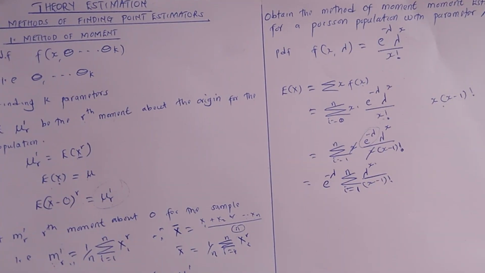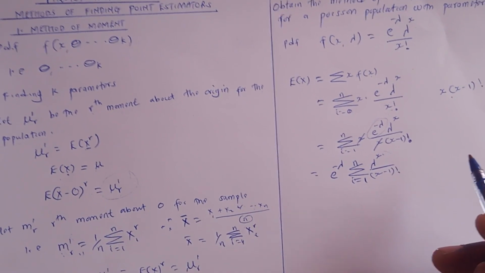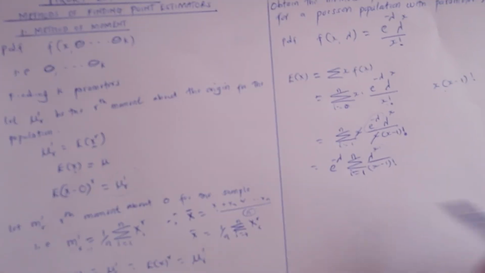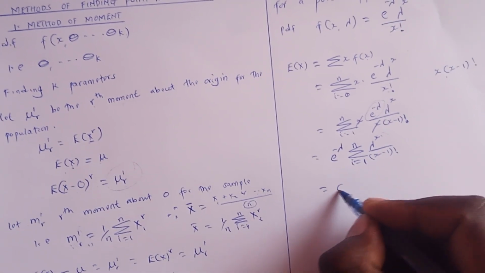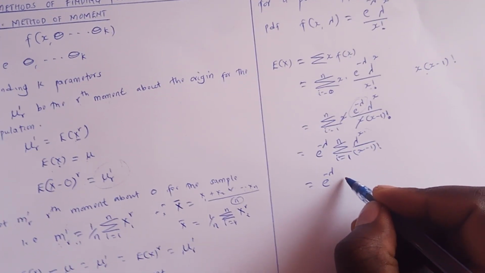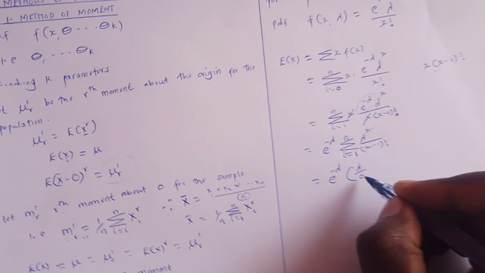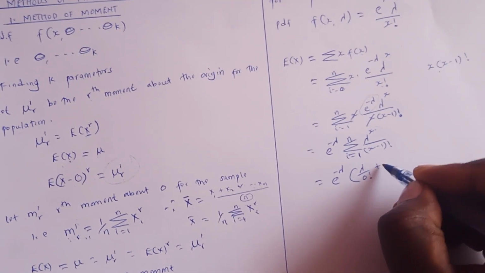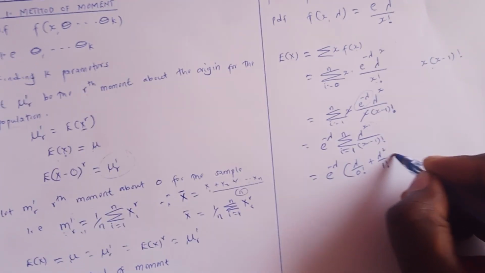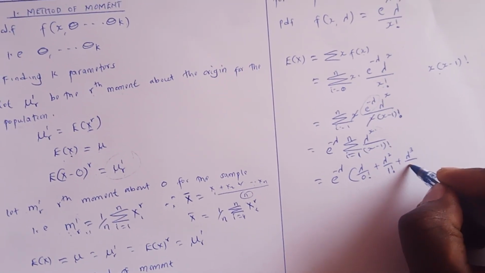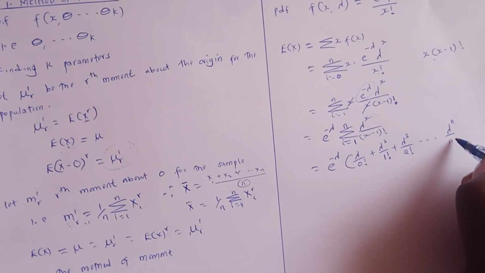Once we are done like that, the whole of this can be written this way. We are going to write this as e to the negative lambda, then in bracket, we shall have lambda out of 0 factorial plus lambda squared out of 1 factorial plus lambda cubed out of 2 factorial all the way to lambda raised to n out of n factorial.